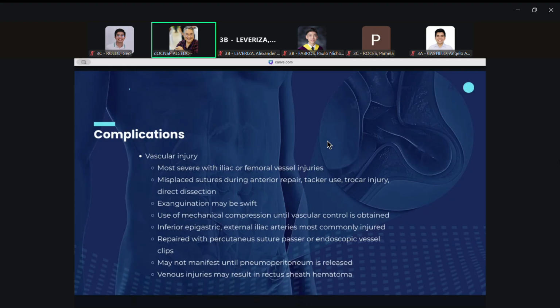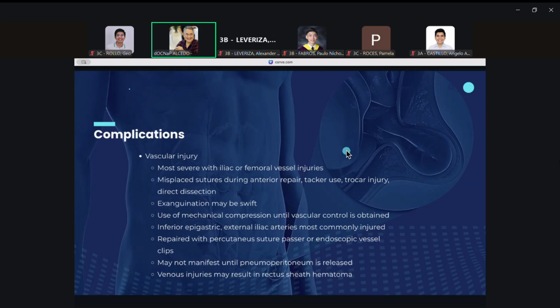Depending on the caliber of the vascular structure that you injure, it can result in strangulation of your patient, and it can be swift. It can flood the area, and it can cause so much stress and panic, and hopefully not death in your patient. Things that we don't want to see when we do surgery.